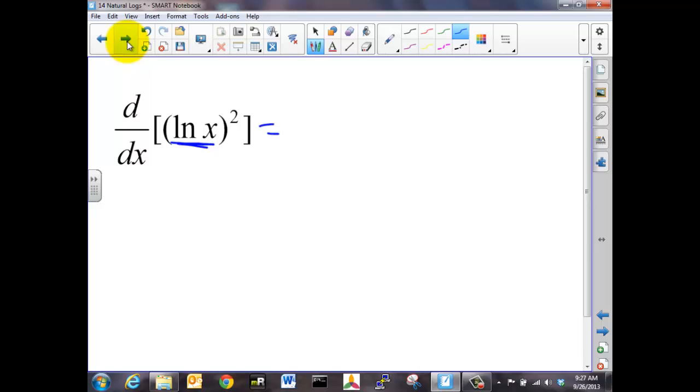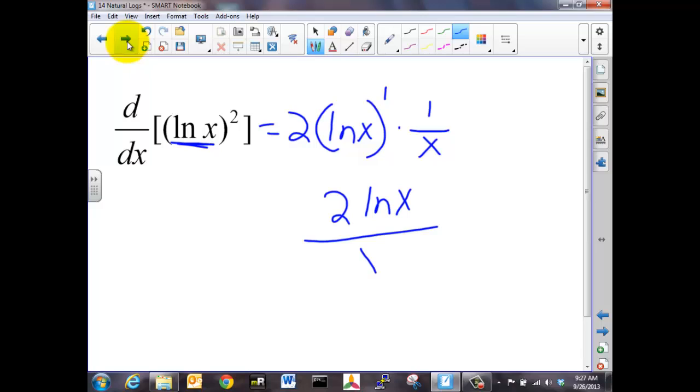So we've got to do chain rule. 2 times the ln to the first power times the derivative of ln, which is 1 over x. So we can get something like 2 ln of x over x for our final answer.